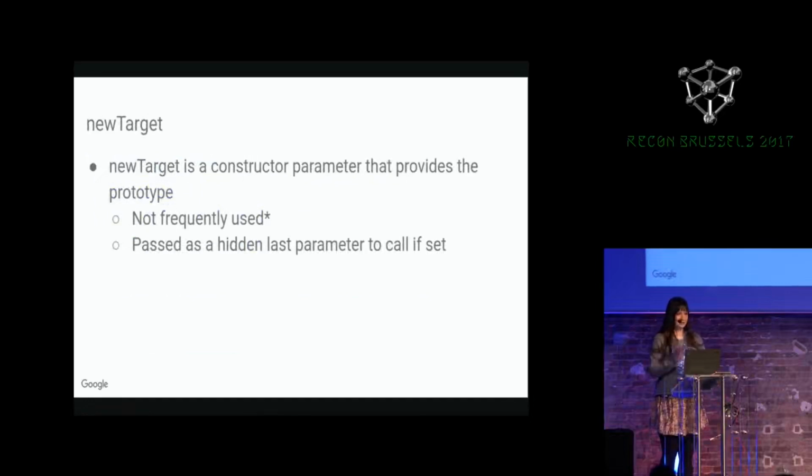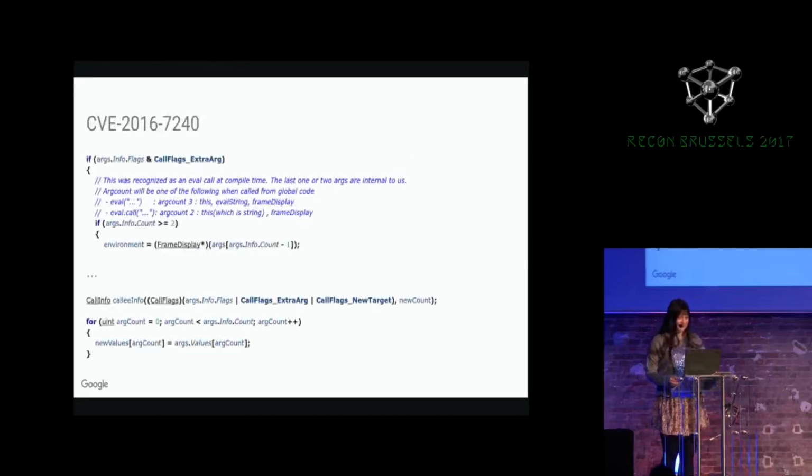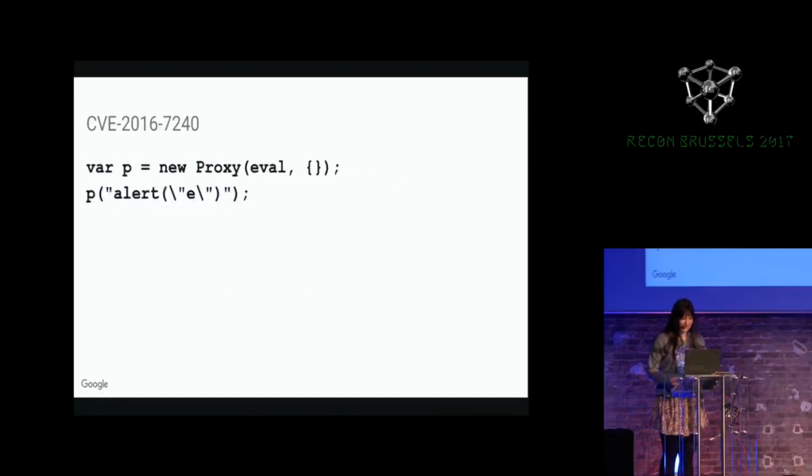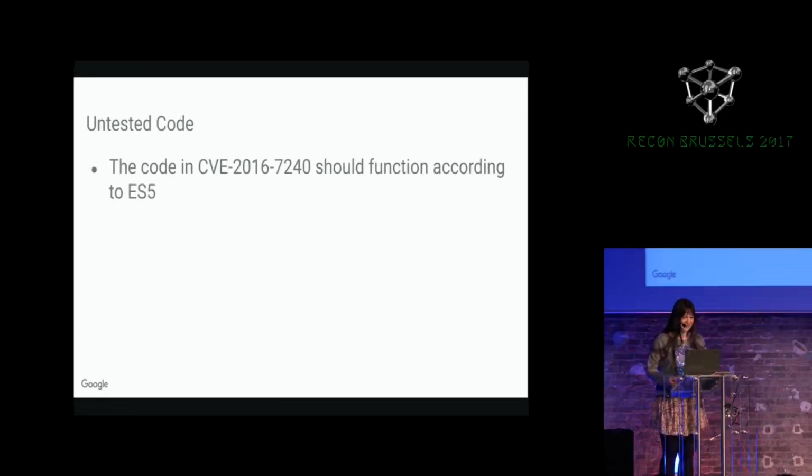So they'll push the extra parameter on the stack and then increment it and then have a flag, which was great, but unfortunately another call also did this for something different. So this was a really fun bug. Basically, if you create a proxy which does new target on eval, you'll get type confusion because eval can also get an extra arg for another reason. I really like this bug because you can tweet it. If you put a proxy on eval, it's a fairly bad type confusion, and this is kind of, I'd say, also a case of untested code.